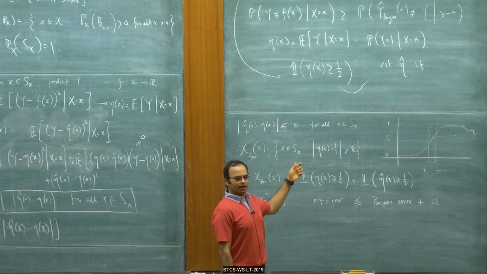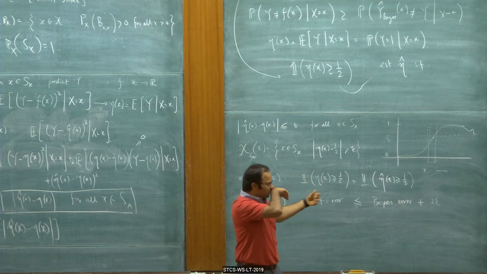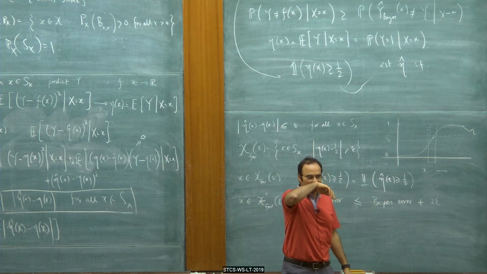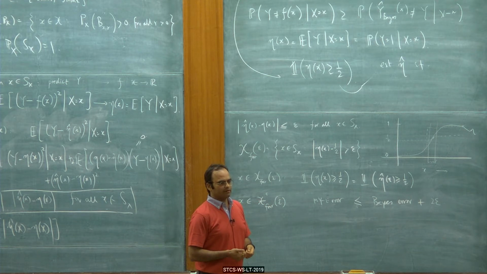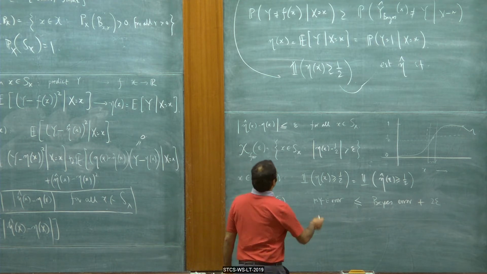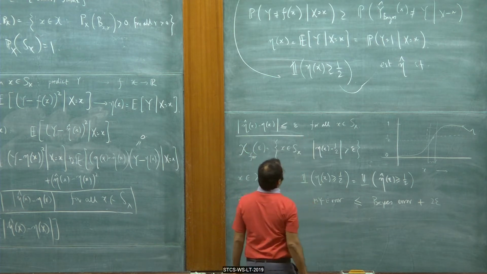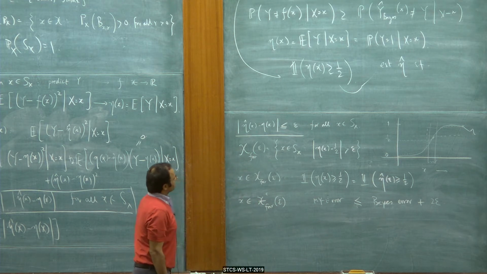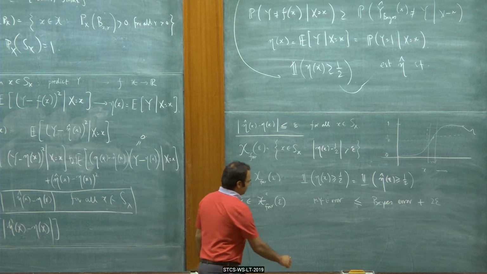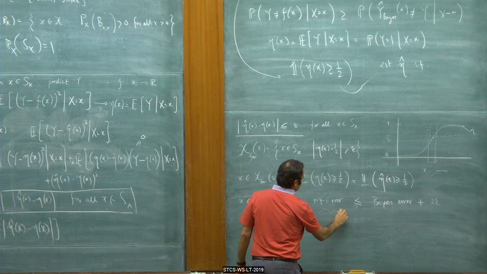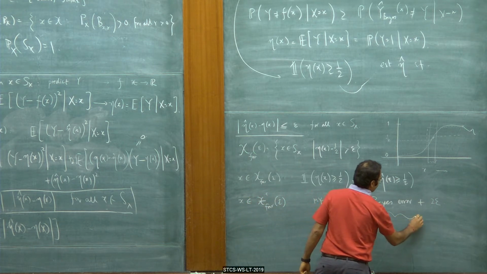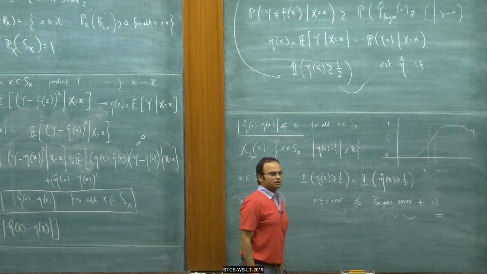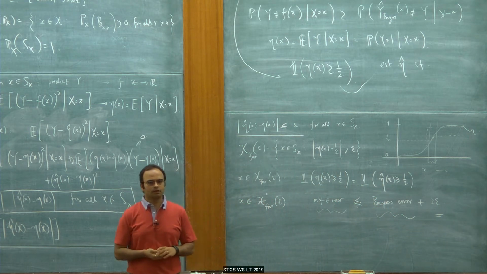When I make an error there, there'll be another delta added. But then what's delta among friends? So the point is that if we get this right with high probability, then we will conclude that the misclassification error of the plug-in estimator is no more than the Bayes error plus something small.